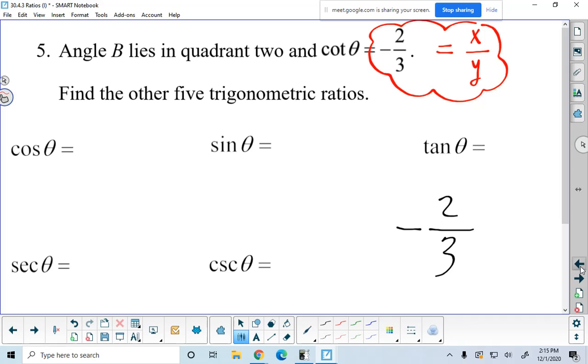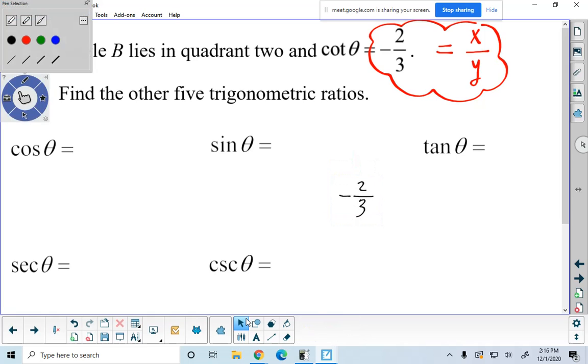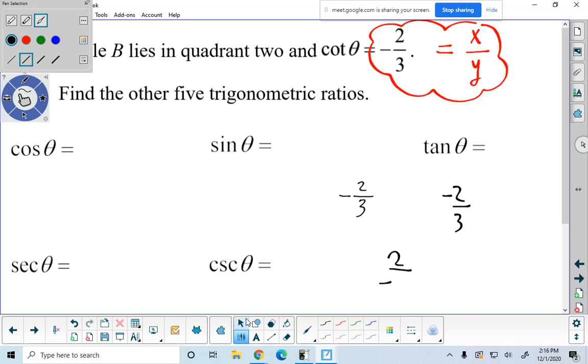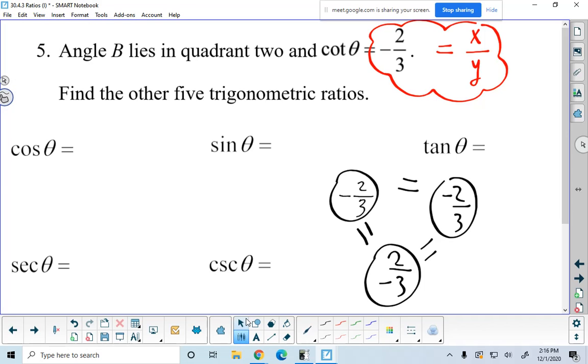But negative 2/3 is the same as negative 2/3, which is the same as 2/3. These three quantities are all equal. So the question becomes, where do I put the negative? Do I put it on the top with the x, or do I put it on the bottom with the y?